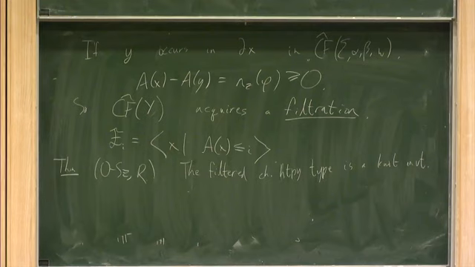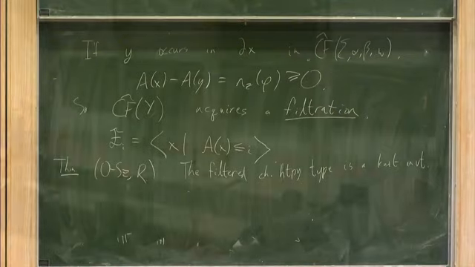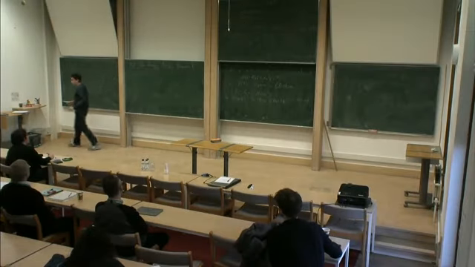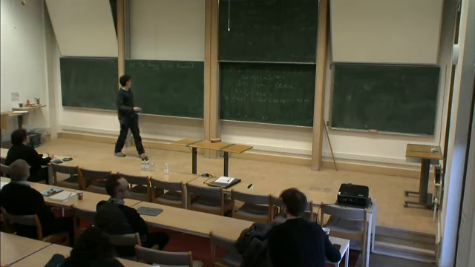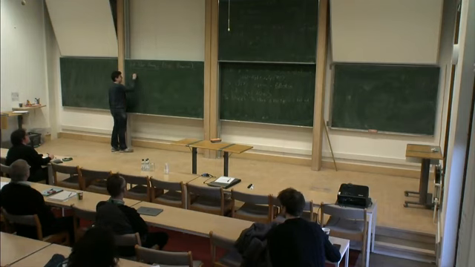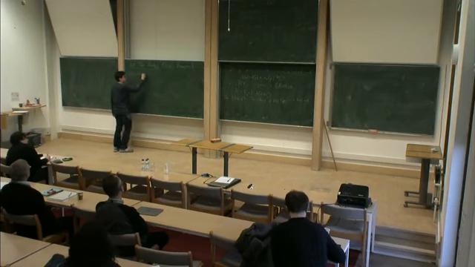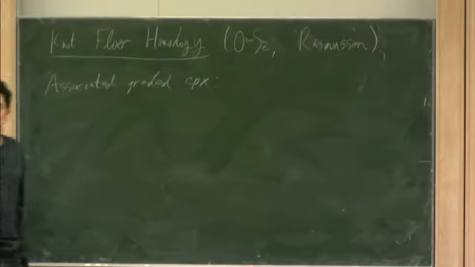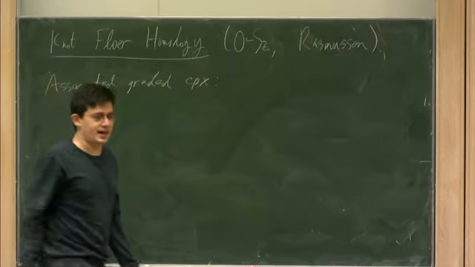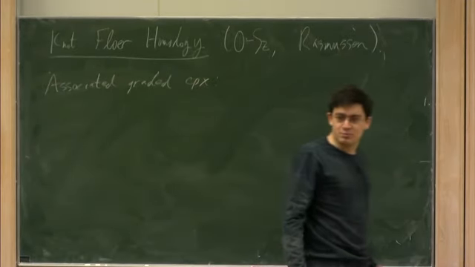Whenever I have a filtered complex, I can take the associated graded complex, that means look at, that is to say, take the ith filtration level and mod out by the I minus 1th filtration level.